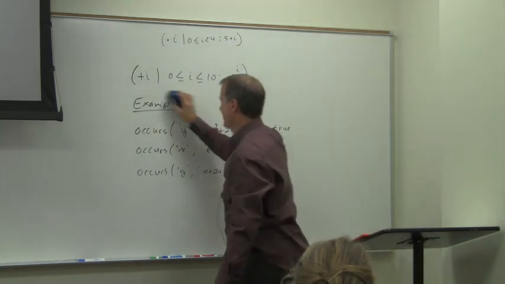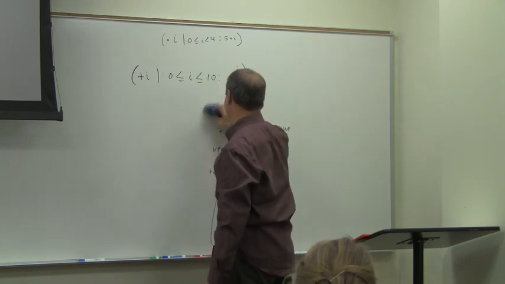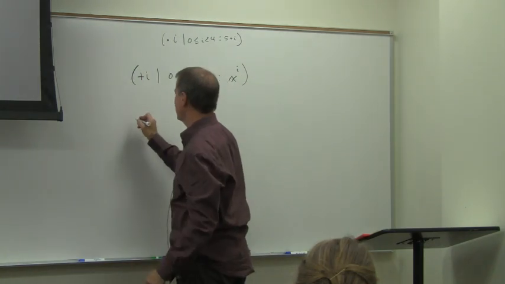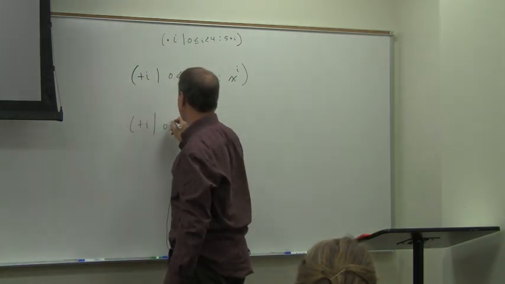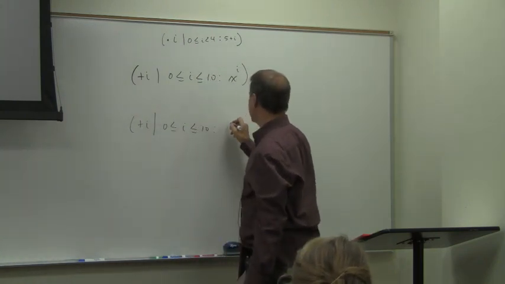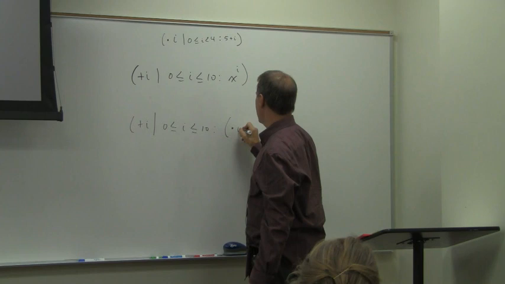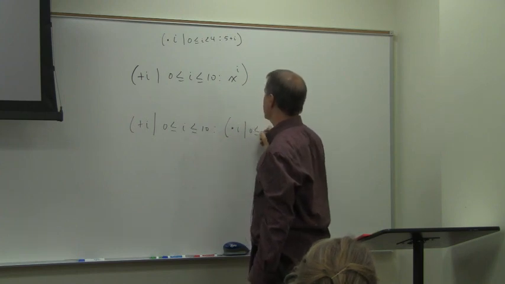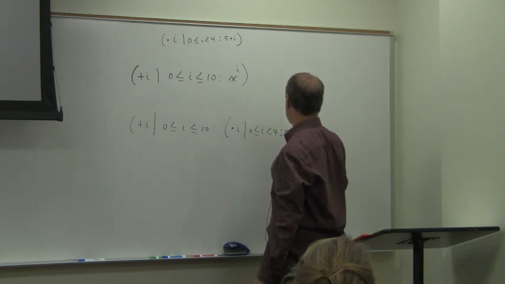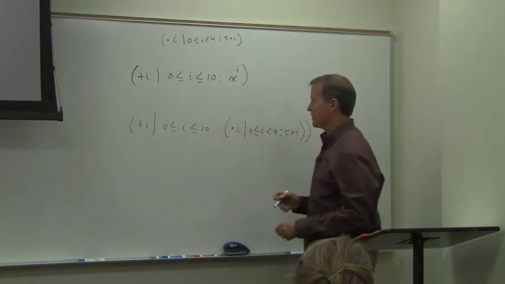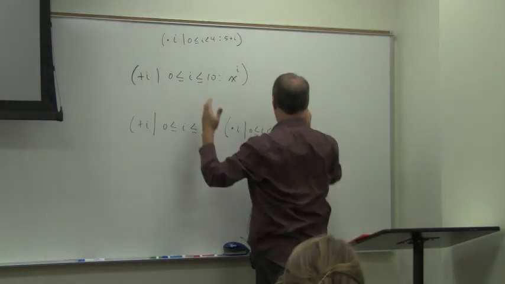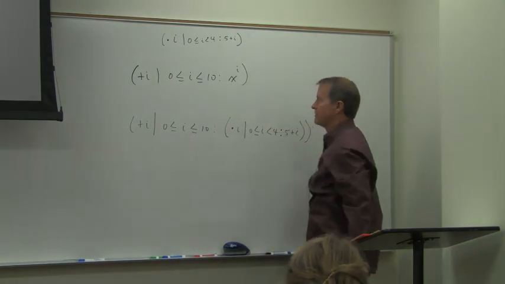What if we were to take this plus I, 0 less than or equal to I, less than or equal to 10, and put this in here, times I, 0 less than or equal to I, less than 4, 5 plus I. Does everybody see what we're saying? What if we were to take this and put it in here? Is it the I still?